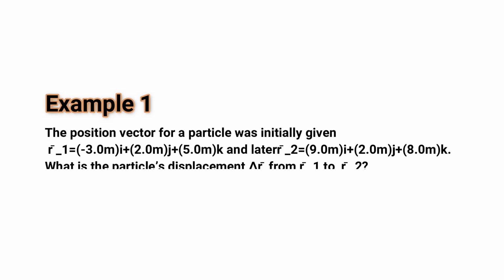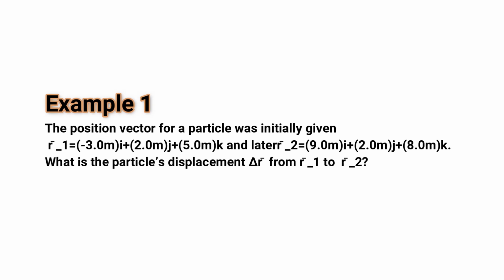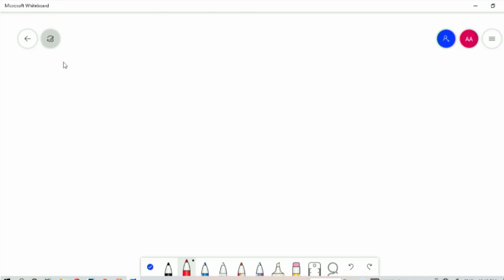The position vector for a particle was initially given, and later as that; what is the particle's displacement from r1 to r2? So let us look at the solution for that.